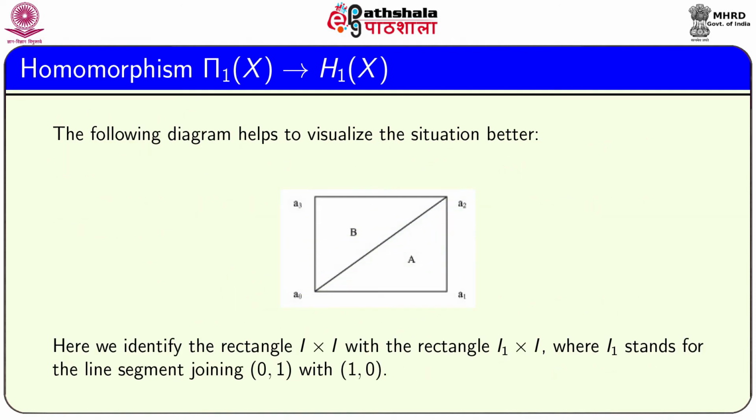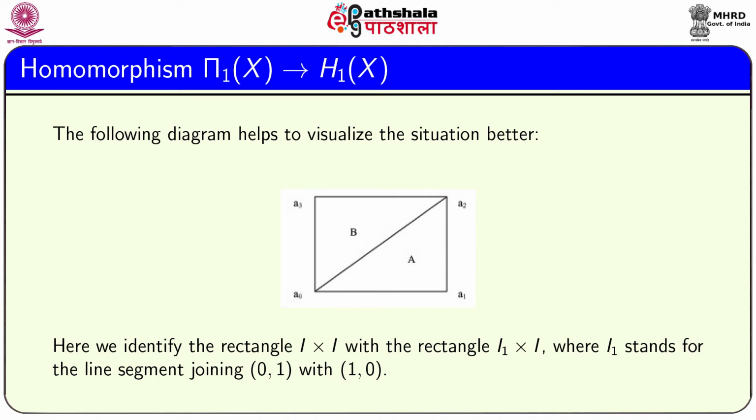The following diagram helps us to visualize this situation much better. We have a rectangle with the vertices A0, A1, A2, A3, and the lines joining the vertices as shown in the diagram are the one simplexes, and the two triangles thus formed, one is A and the other one is B, are the 2 simplexes.